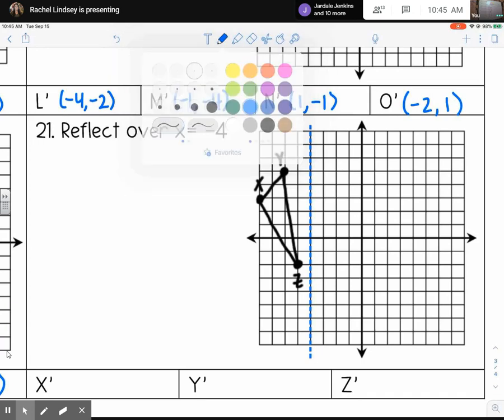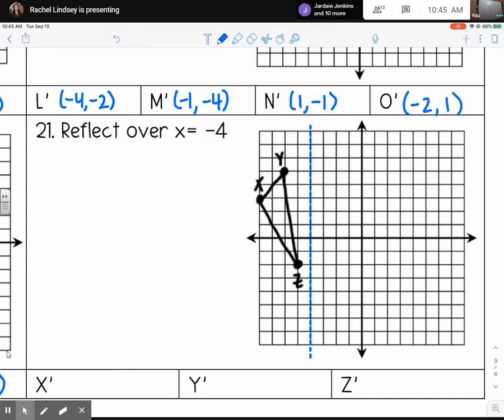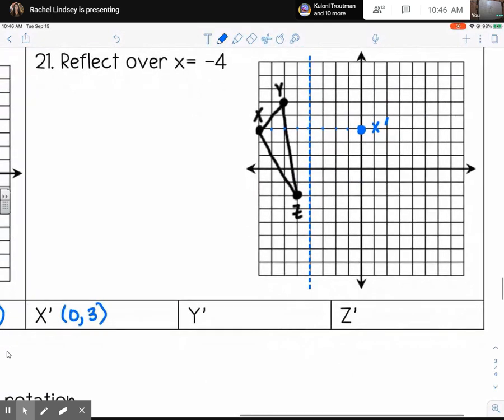So X is 1, 2, 3, 4 to the left. X prime will be 4 to the right. So X prime is at (0, 3). Y is 2 to the left.